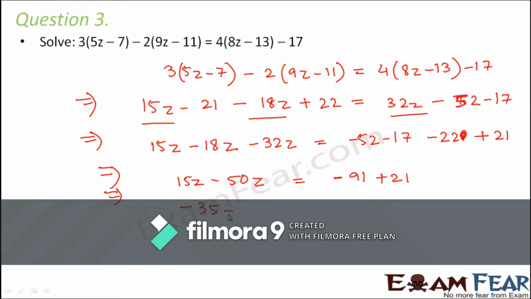So this becomes minus 35z is equal to minus 70, or we can say z is equal to minus 70 by minus 35. So 35 2s are 70, minus minus will cancel out, so we will get 2. So therefore z equal to 2 is the answer.